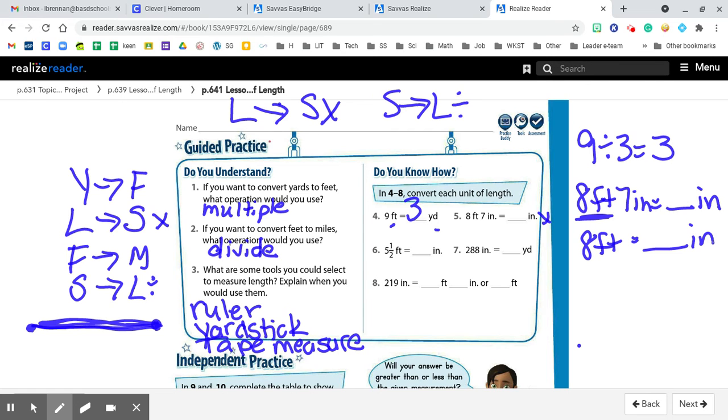So we're going to be multiplying. There's 12 inches in a foot, so 8 times 12, 96. And then we'll add those 7 inches that were up here. So 103 inches.